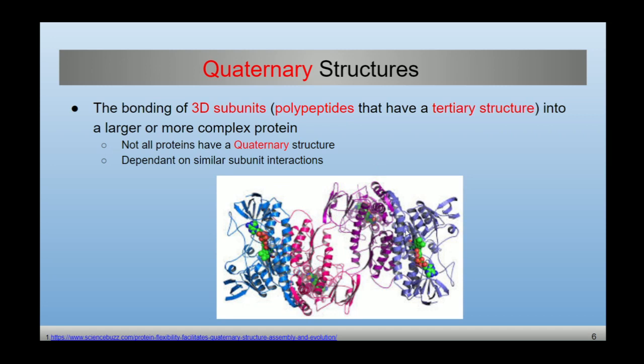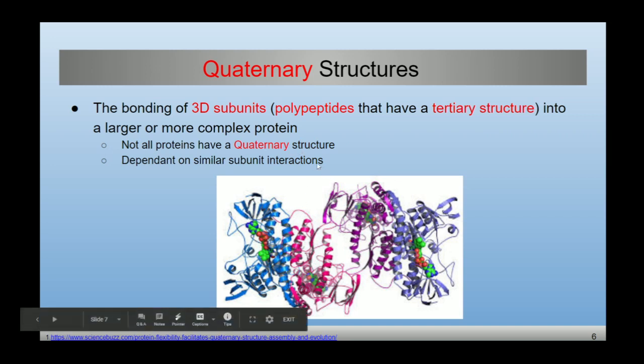For example, when you see this interaction right here between the purple and the violet, or the indigo color, you see the indigo subunit bend a bit, and that is due to an interaction between this subunit and this subunit. And you see that structure in a lot of complex proteins.